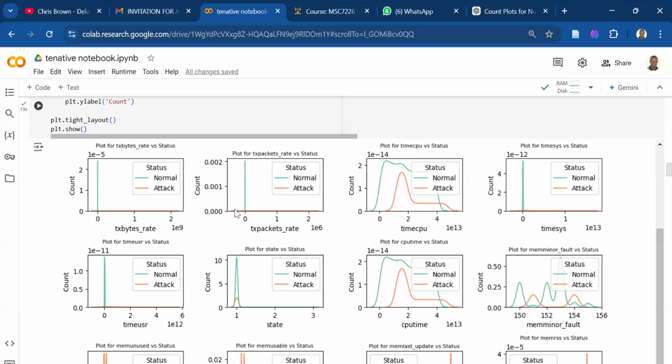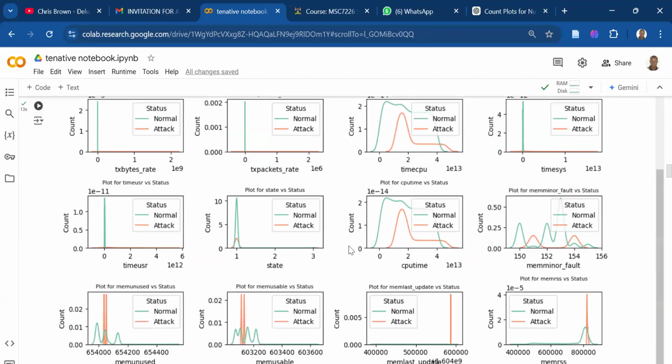So the VM instances are very few here, but there is an increase in the rate of compromise of the data as these packets are being transmitted on the network.